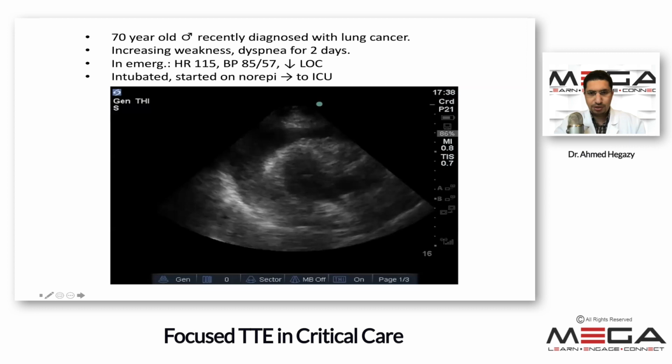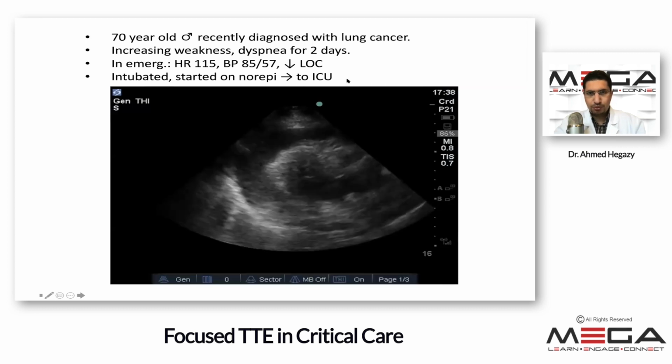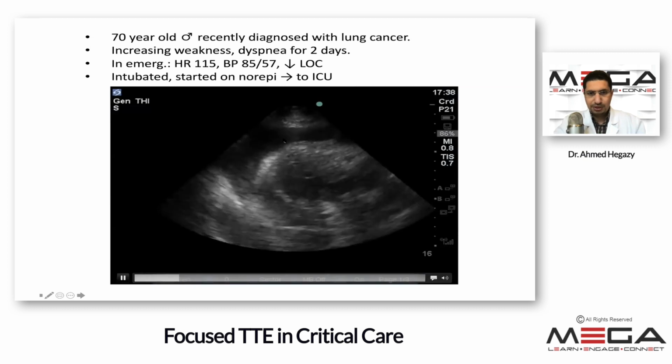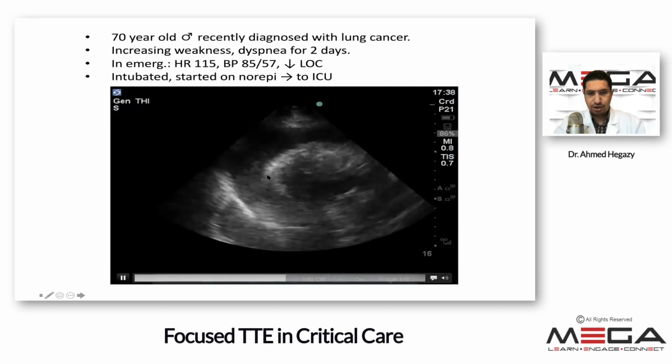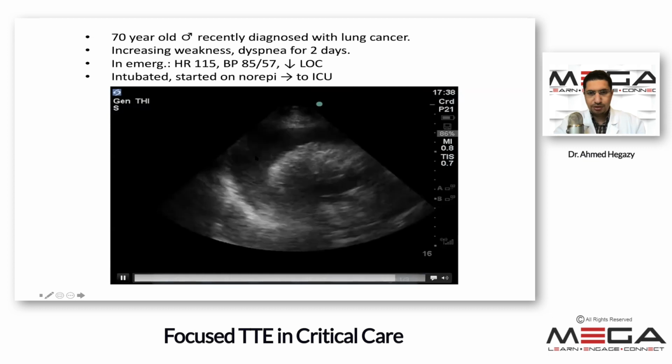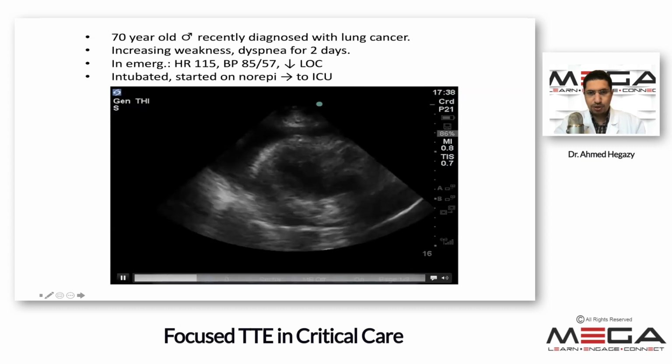Now, this patient was presenting with an intrathoracic malignancy. This was our attempt at a parasternal long axis view. And you can see here a very big hypoechoic fluid rim outside the LV.